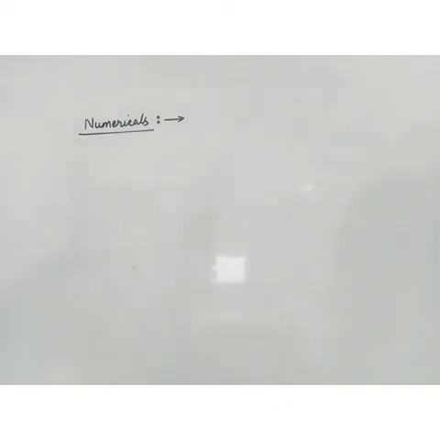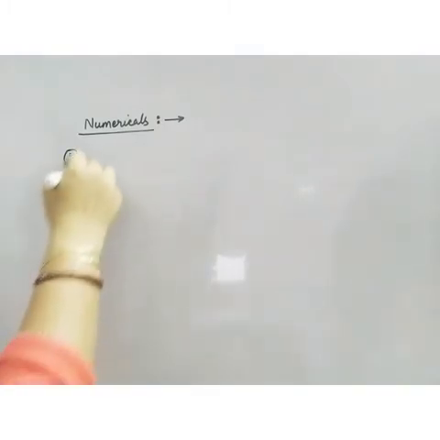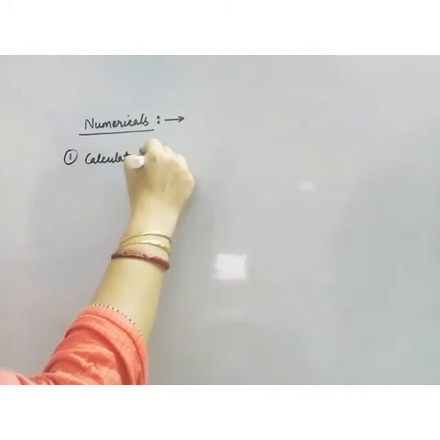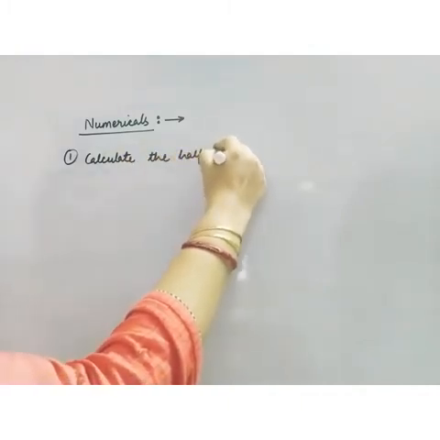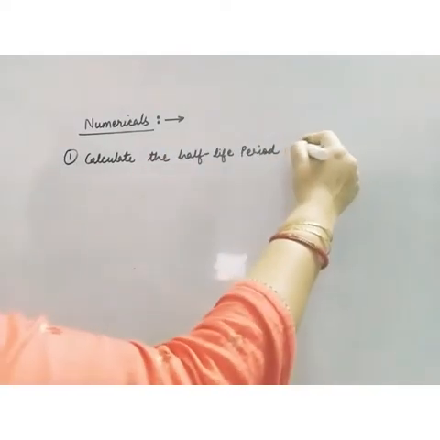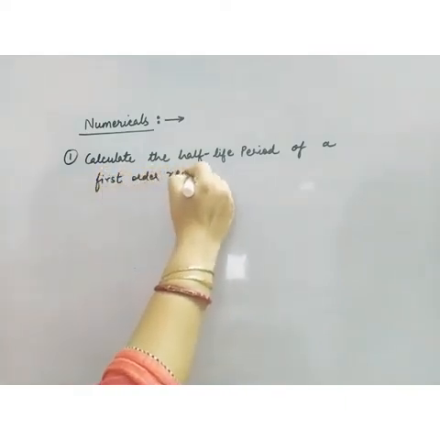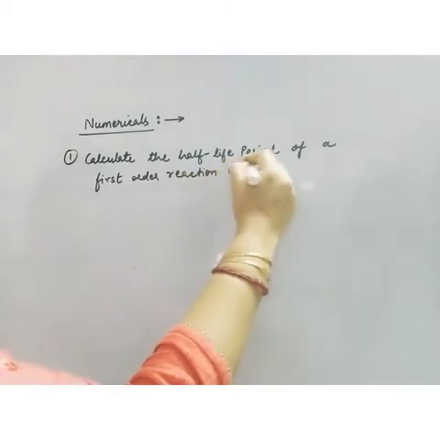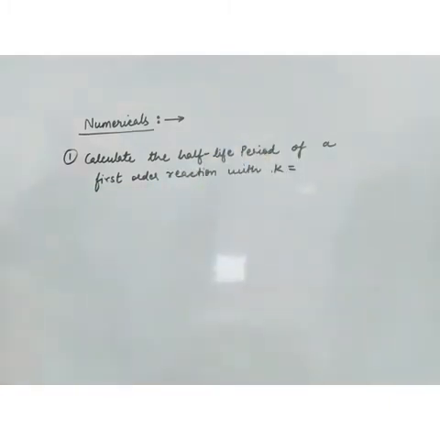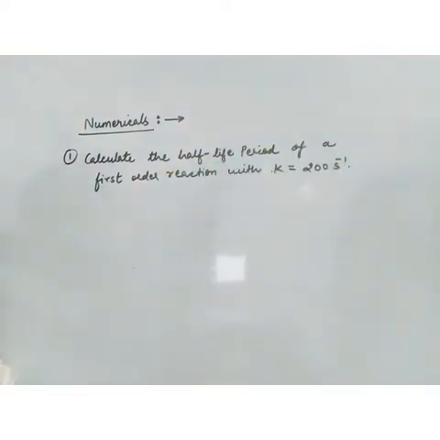Now let's solve some numericals based on the integrated rate expressions and the half-life concept. The first question is: calculate the half-life period of a first order reaction with K equal to 200 second inverse.